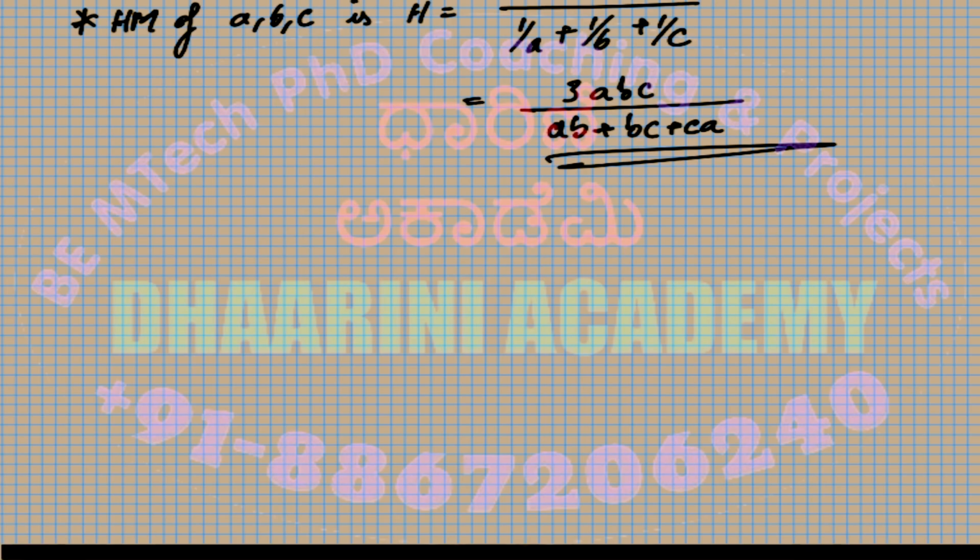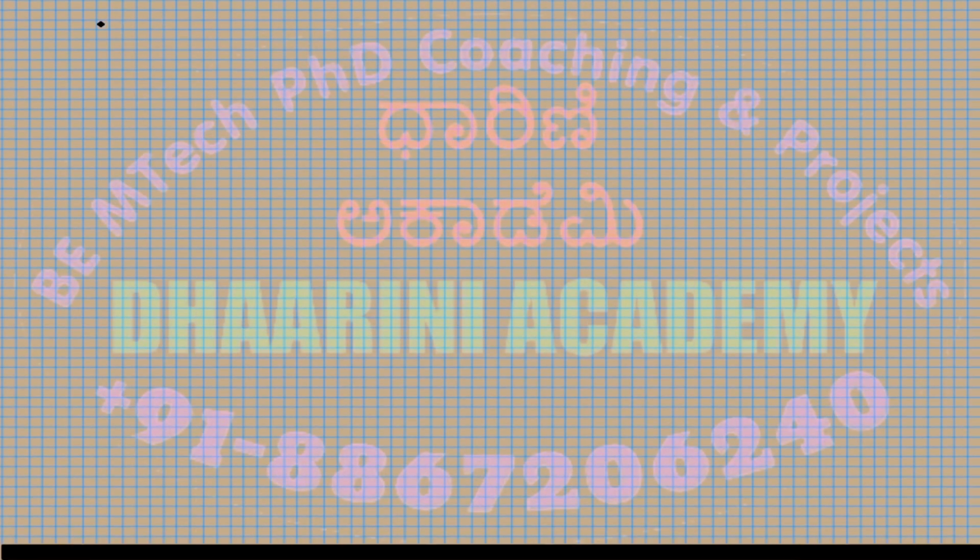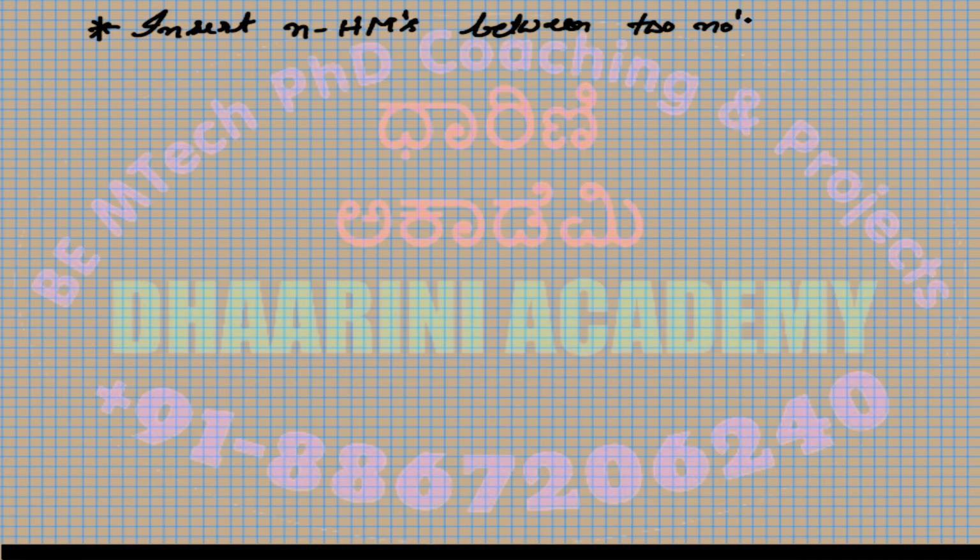Here we are trying to calculate the insertion of n different harmonic means. So I want to insert n harmonic means between any two numbers.